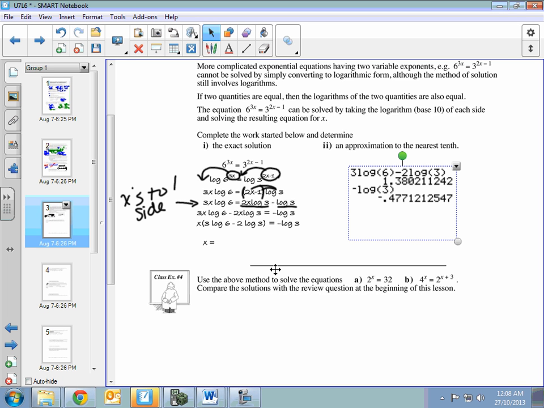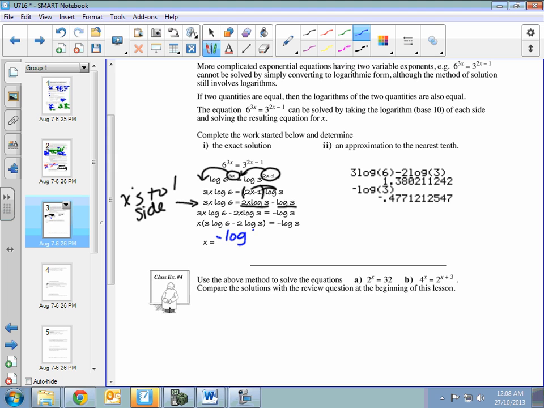So what I want to do here is I just want to divide the two. So as an exact solution, our solution is just going to be negative log 3 over 3 log 6 minus 2 log 3.